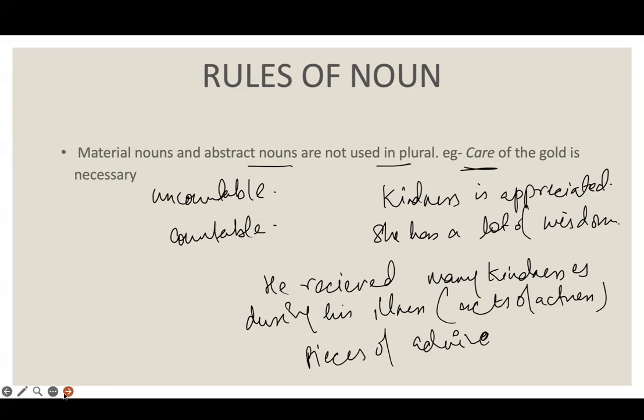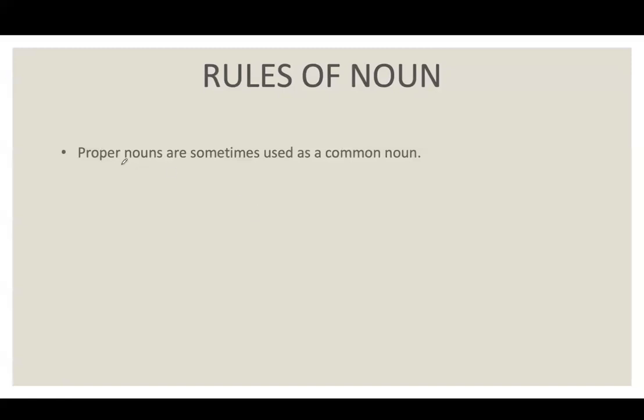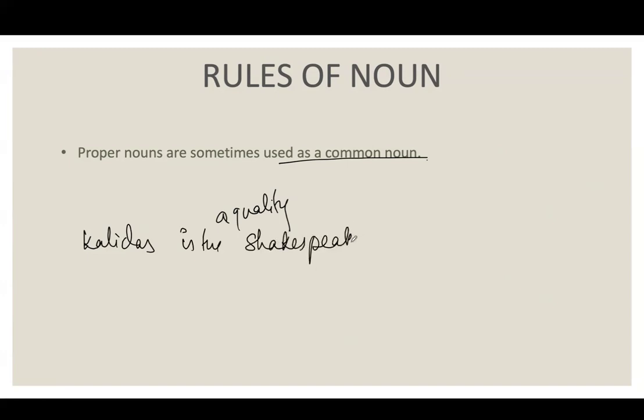Moving on to the next rule. Proper nouns are sometimes used as a common noun. A proper noun can be used as a common noun to show a quality similar to another person or place. For example, Kalidas is the Shakespeare of India, a proper noun used as a common noun.